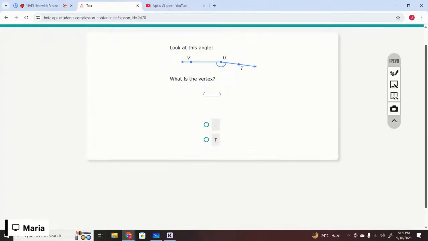Look at this angle. What is the vertex? That is U. Option number one is the correct option.